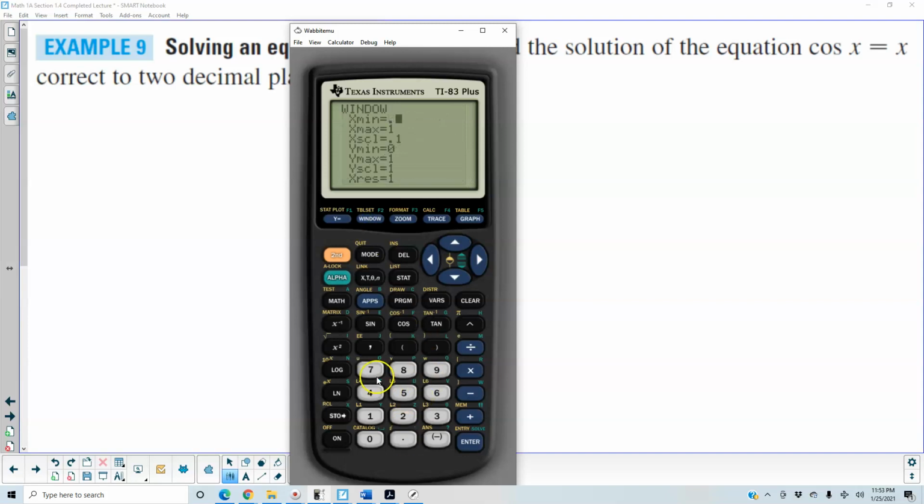So we're going to put 0.7, 0.8, and then let's change the scale to 0.01. And then let's change the minimum for the y to be 0.7 and the y max to be 0.8.